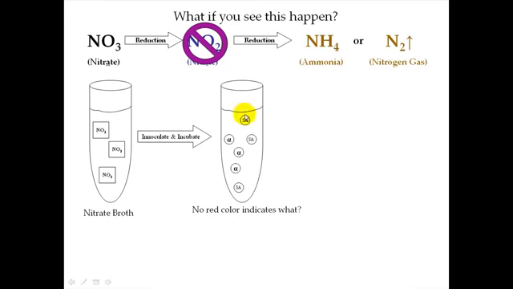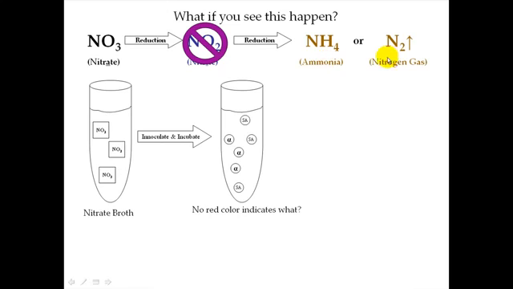And if there's no nitrites in this tube, that could be due to one of two reasons. There could be no nitrites in the tube either because, one, the bacteria were not able to reduce the nitrates to begin with, or another reason is that the bacteria reduced the nitrates, but all the way down to ammonia and nitrogen gas.